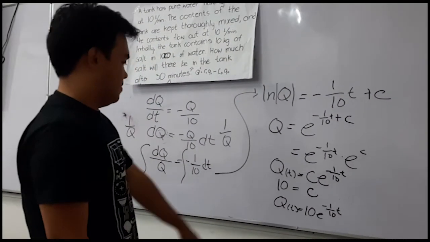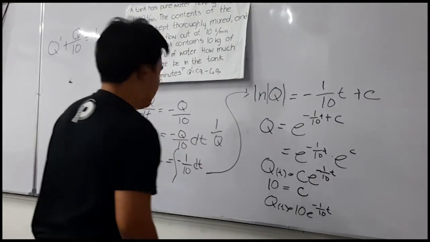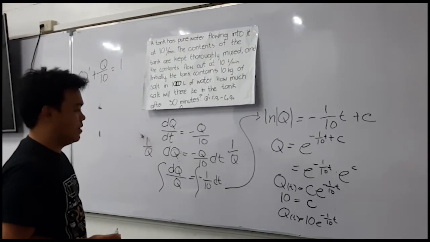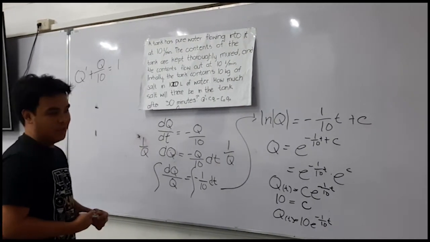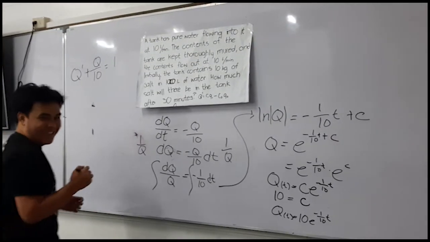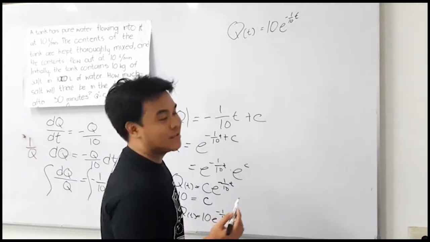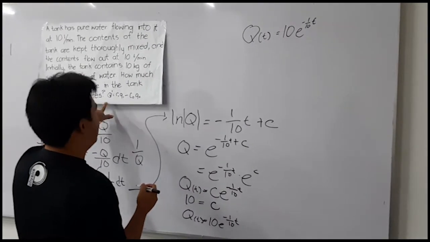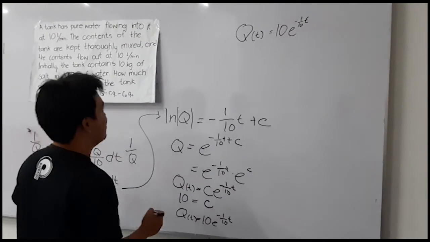So we have already formulated the equation to our problem. We just need to input our values. It says here that we will get the amount of salt in 30 minutes.